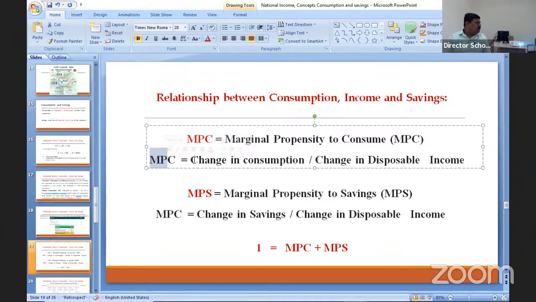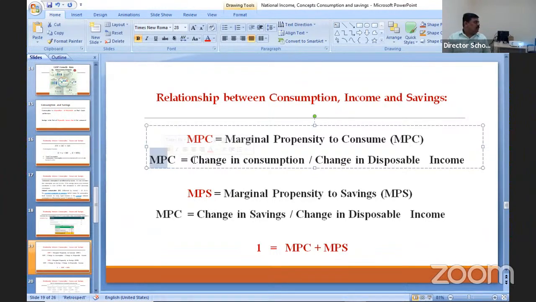But according to the change in disposable income, the consumption of that person will change. If the disposable income changes by 10%, then the consumption may change by 5% or may change by 20%. It depends upon the habit of that person.